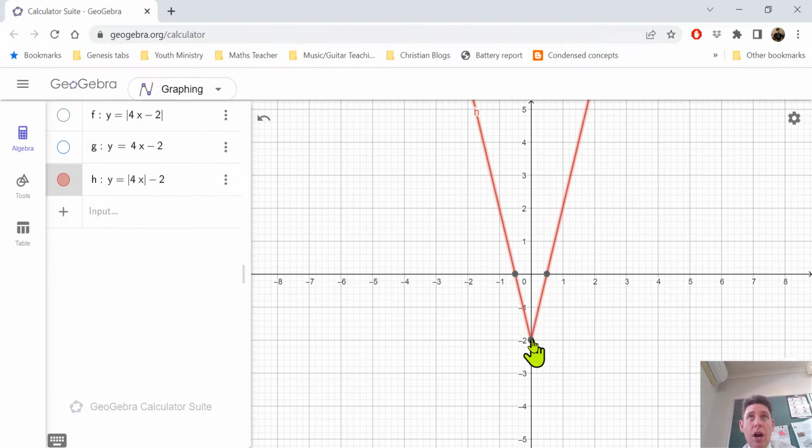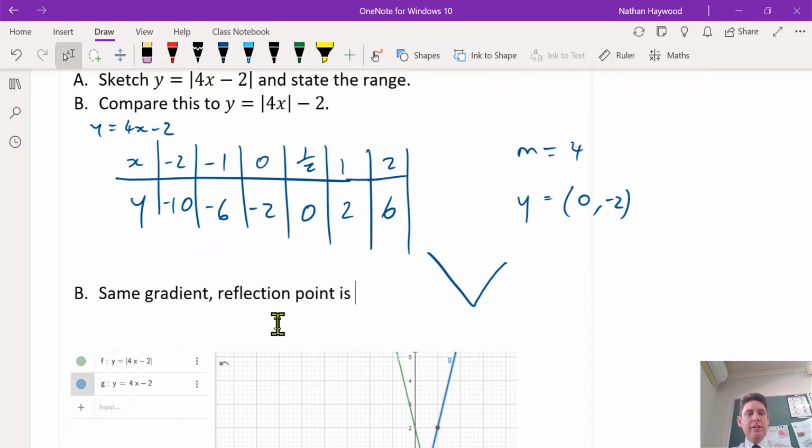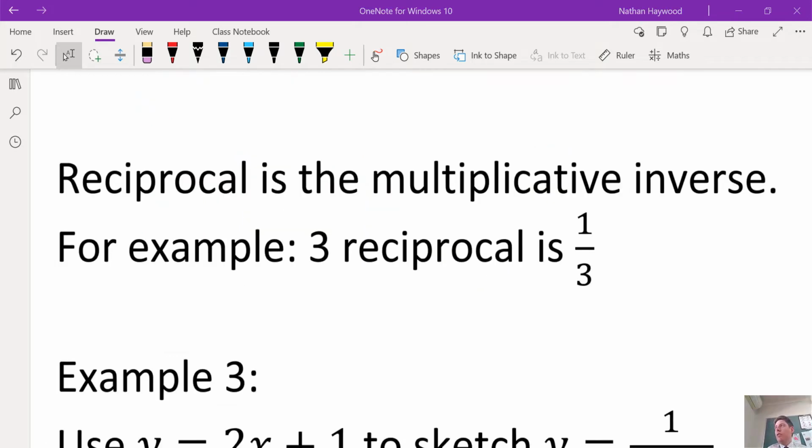So the y equals negative 2 is now the reflection line. Okay, so same gradient, reflection point is different. So for 3, the reciprocal is 1 over 3.